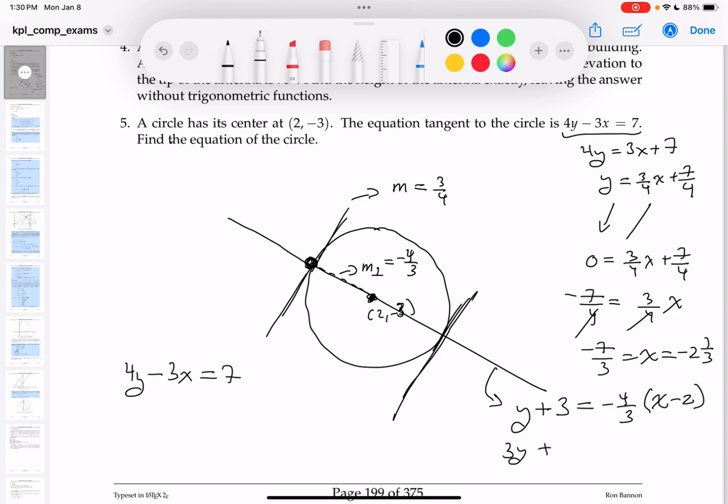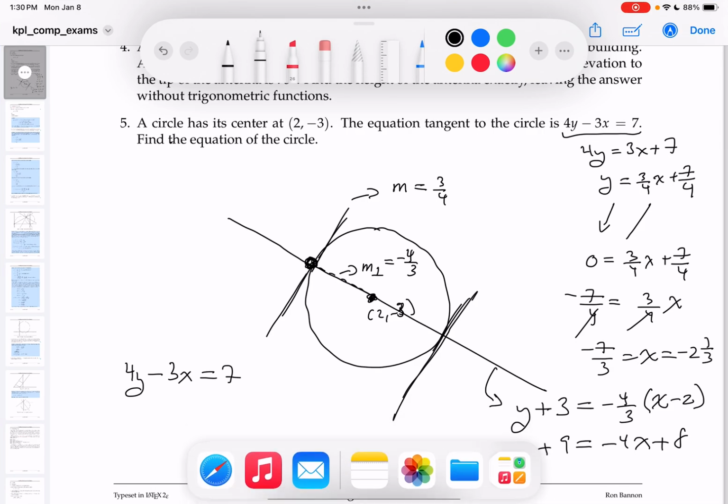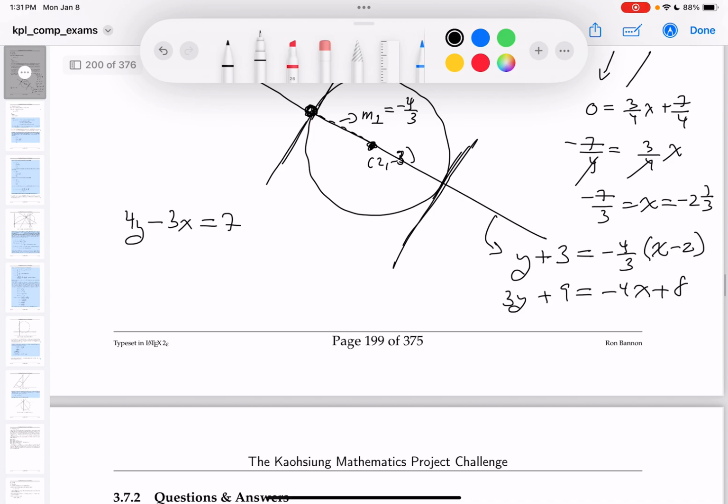I get 3y plus 9 equals minus 4x plus 8. So you get 3y plus 4x, and I'm going to subtract 9 from both sides to get minus 1. So really what I'm looking for is this point of intersection. And when I get that, I'll probably be able to answer their question at that point.